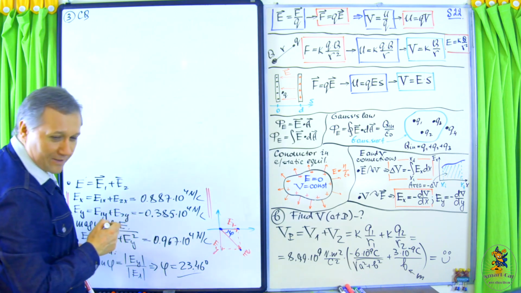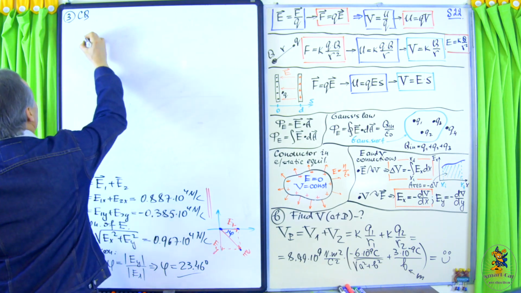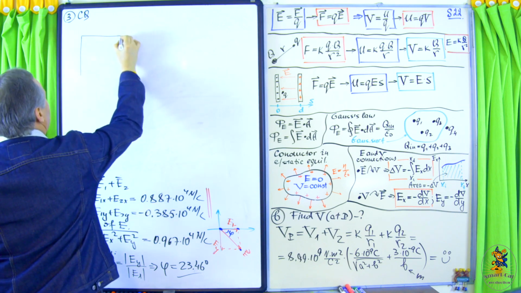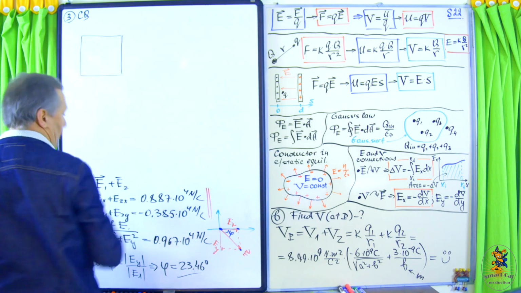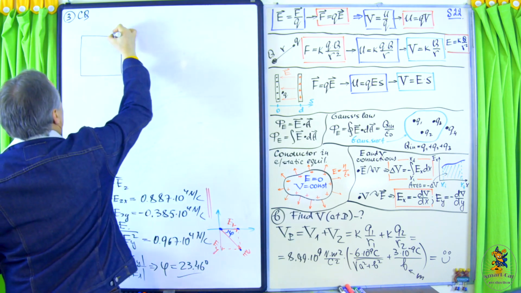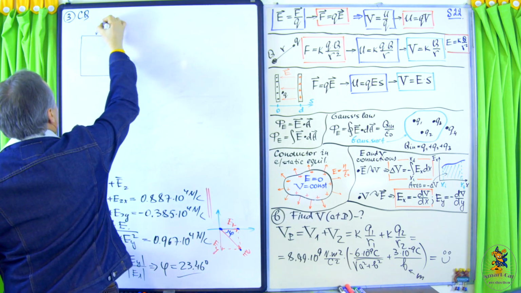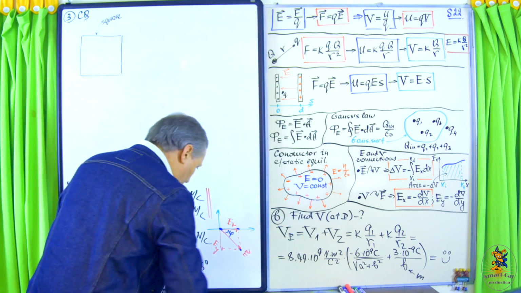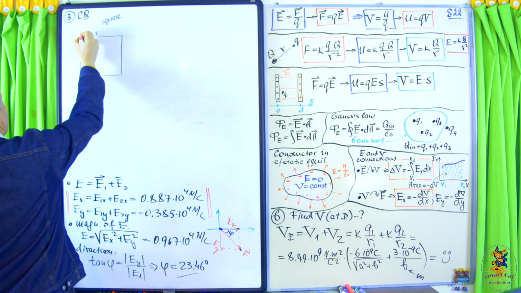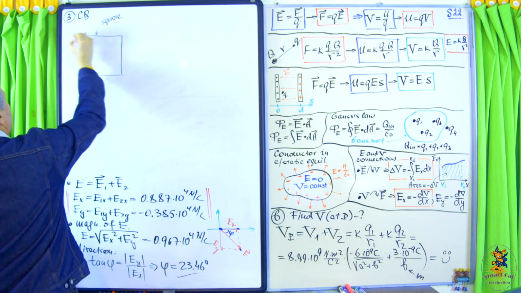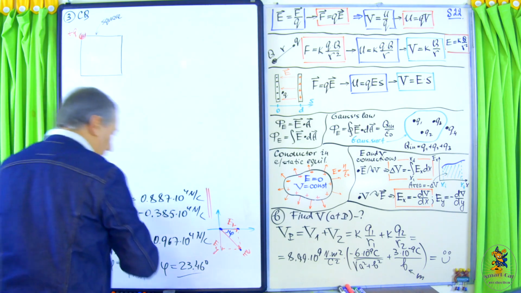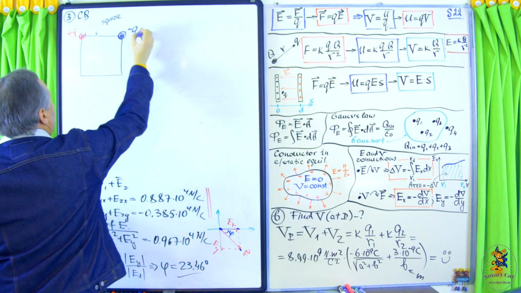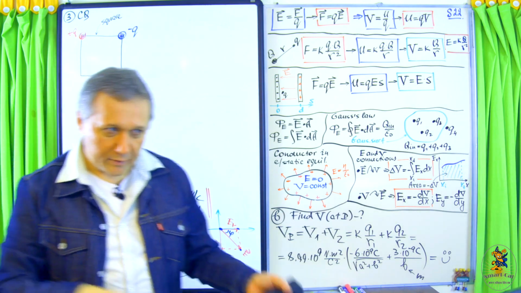Let me show that this is a square. And two charges: the positive one over here, plus Q, and the negative one at this corner, minus Q. The same in absolute value, plus Q, minus Q.